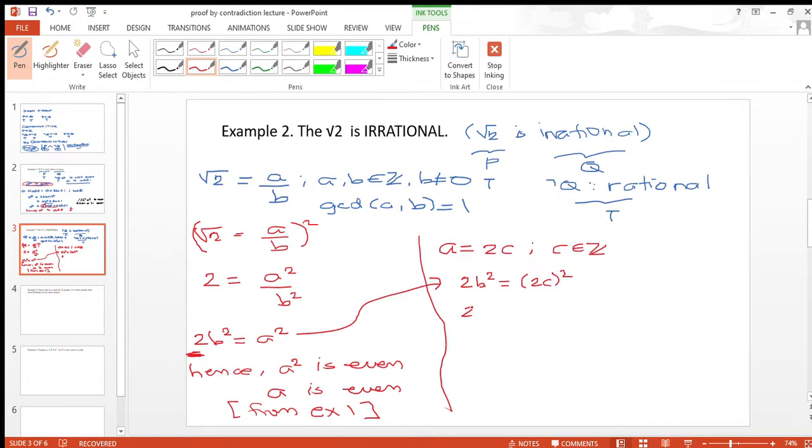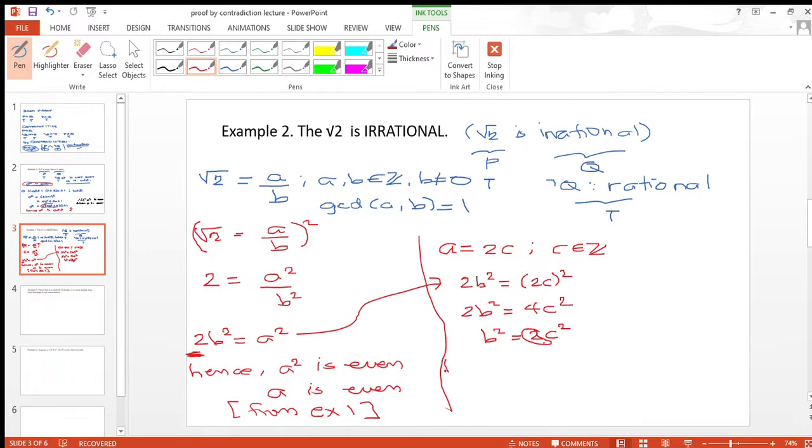We just substituted the value of a, giving us 2b squared equals 4c squared. Divide both sides by 2, we get b squared is 2 times c squared. So what do we have here again? b squared is 2 times c squared.